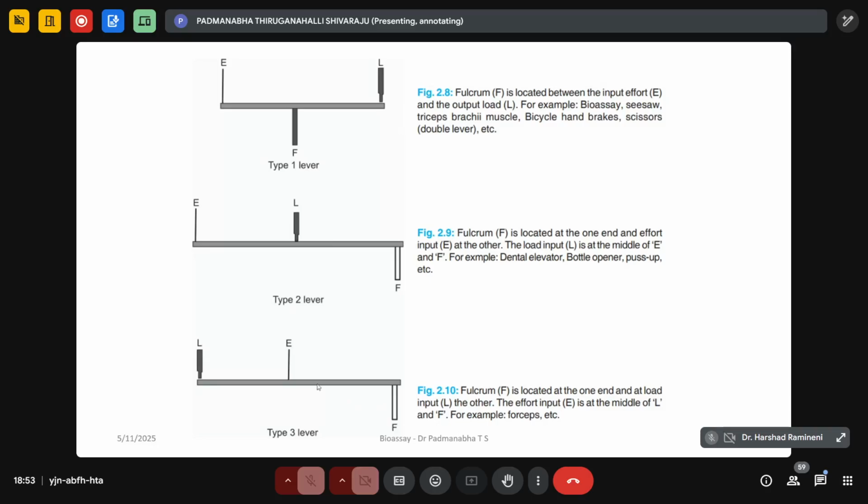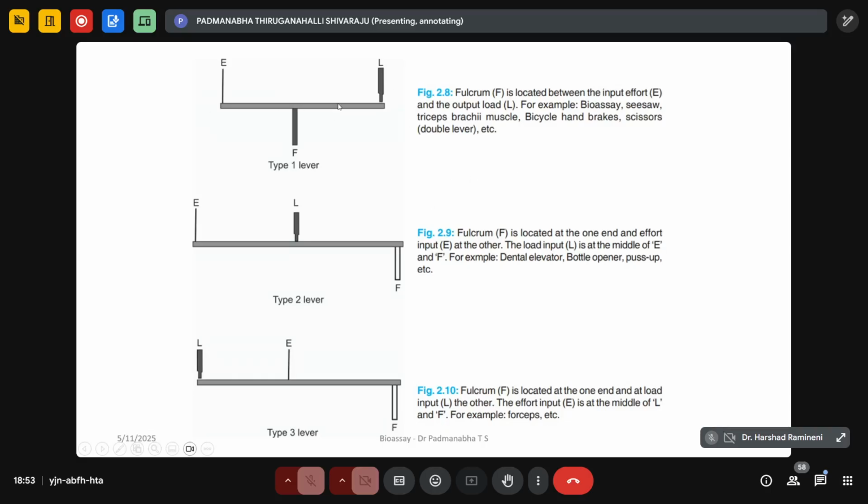These are the type 1, type 2 and type 3 levers, and here you can see this is the fulcrum, this is the load, and this is the effect. So what will be the load? If you are choosing a tissue, this will be the tissue end, and this will be the effect end where you record the response.